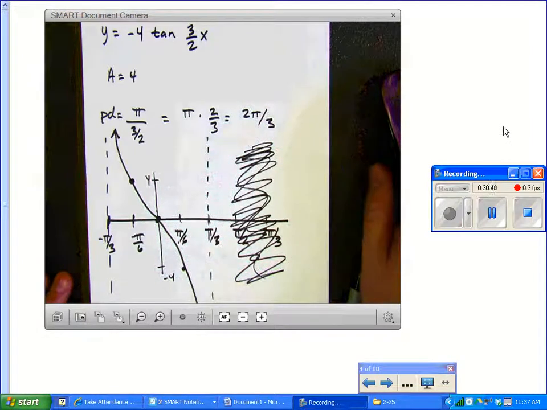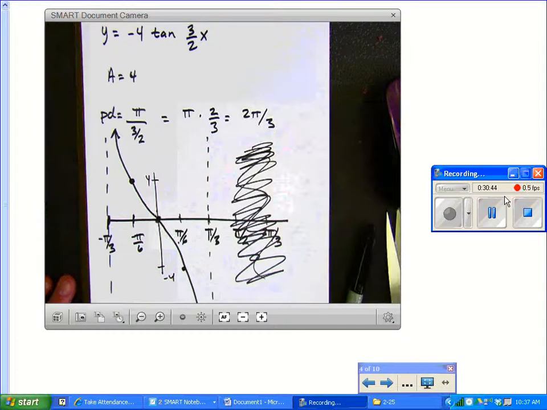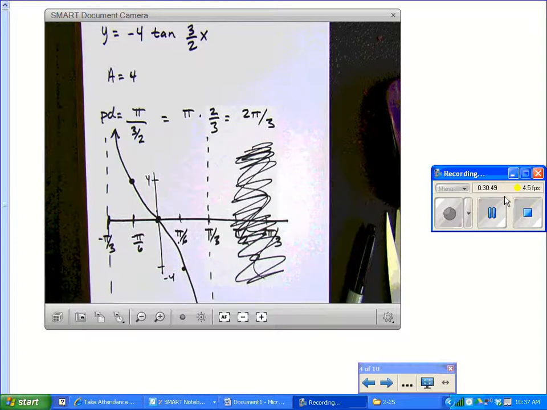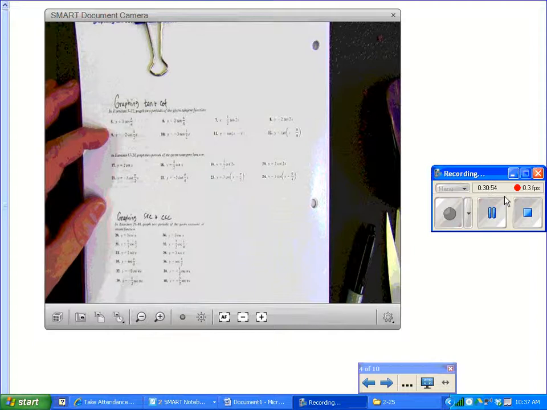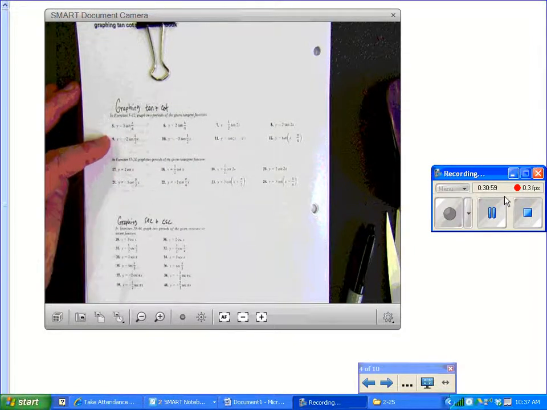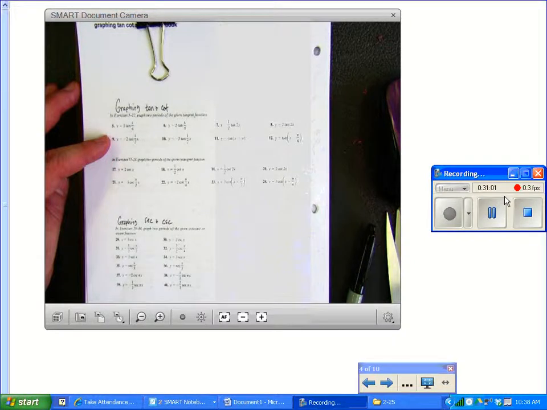All right. Now, on the back of your worksheet there, you've got some tangent and cotangent problems. I don't think I assigned you all of them. Look and see which ones I said there. All right, 6 through 9. And then 17, 19, and 21.